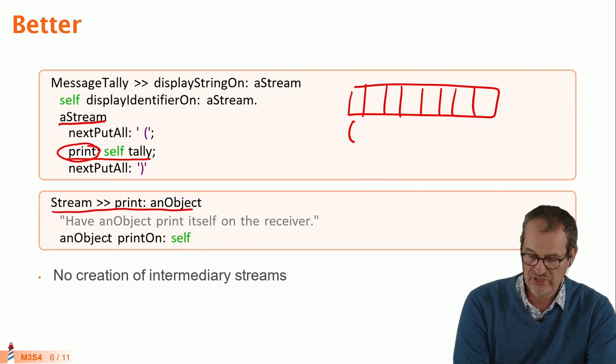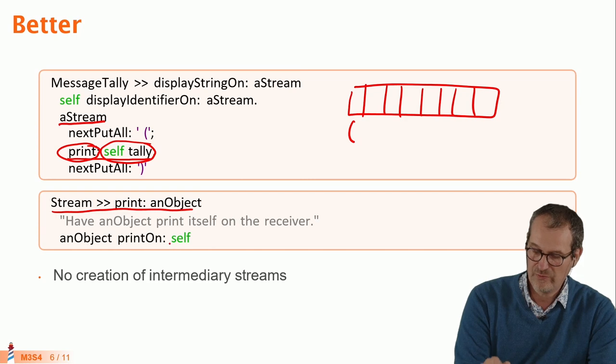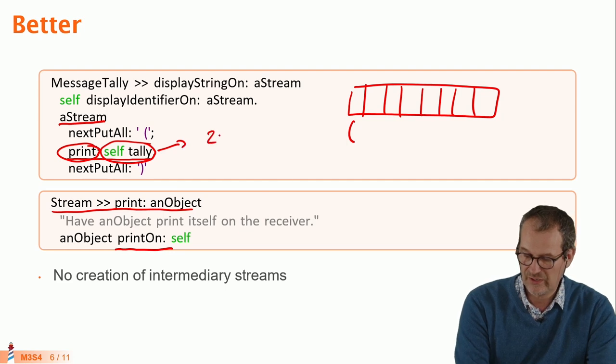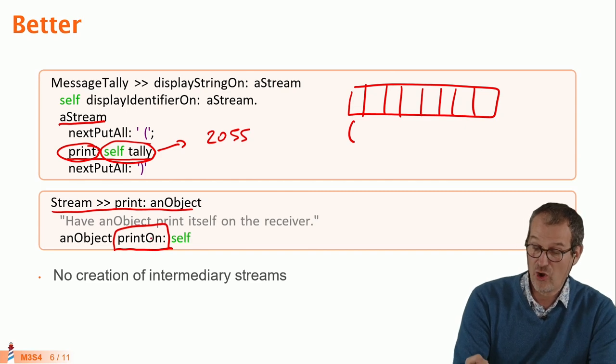It just says, oh, an object, meaning I will ask the argument to print itself on myself. So this means that here, if tally is a number like 2055, then I will execute the printOn method, which says, hey, can you place your character on me?